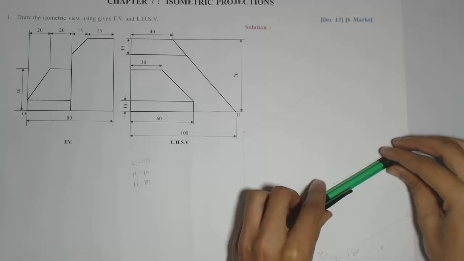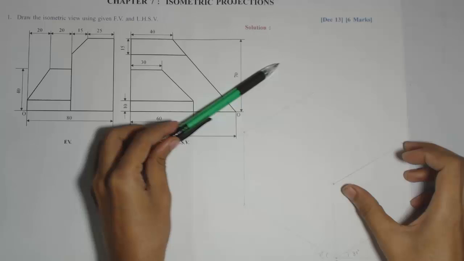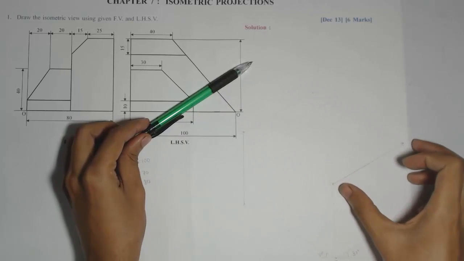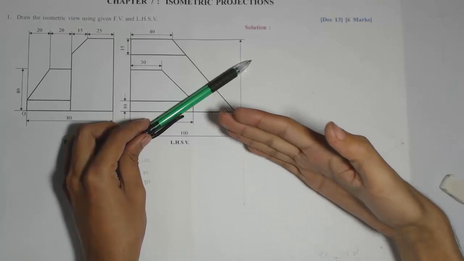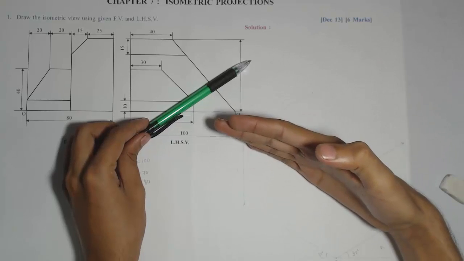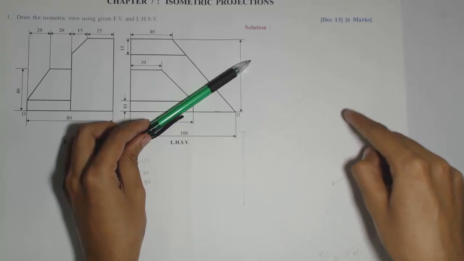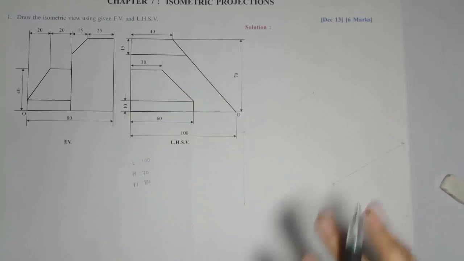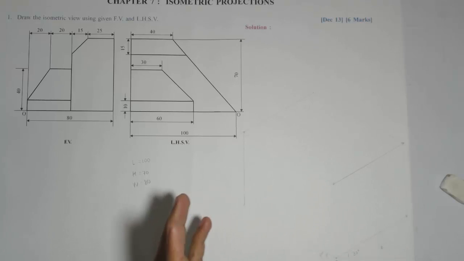I need to draw a line parallel to this width, which is already marked, at the length of 100, so I need to move this side by 100. Again, to transfer this length along the width, I need to move parallelly by 80 mm. I'll complete these two lines to complete the top plane. This has completed the box in which my entire three-dimensional object can be placed, so my object is not going out of this box.